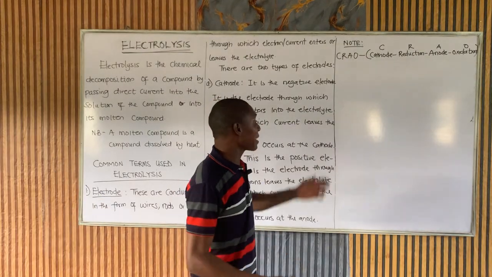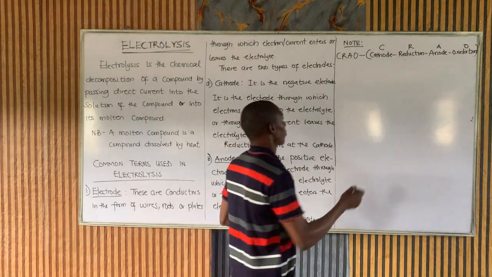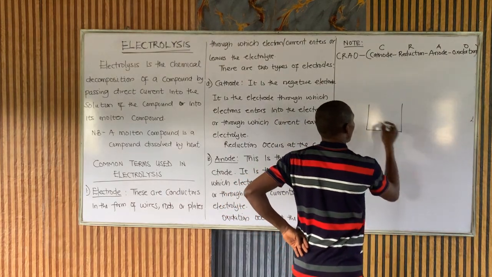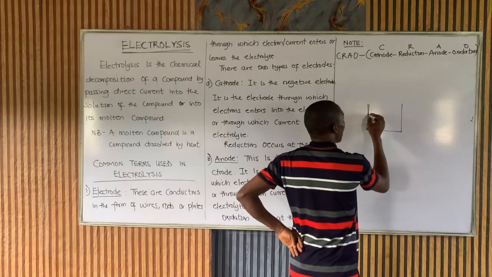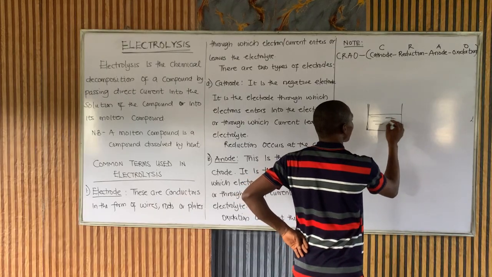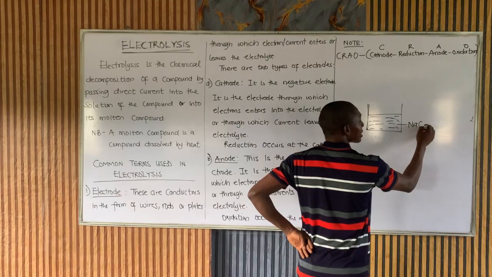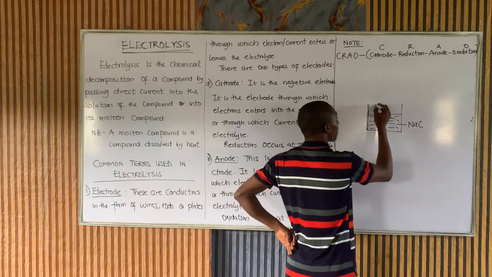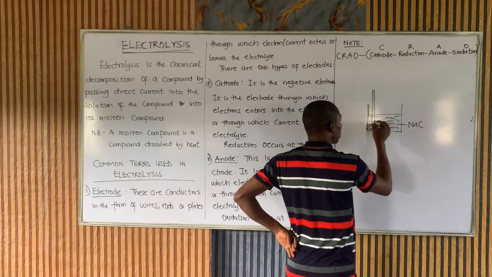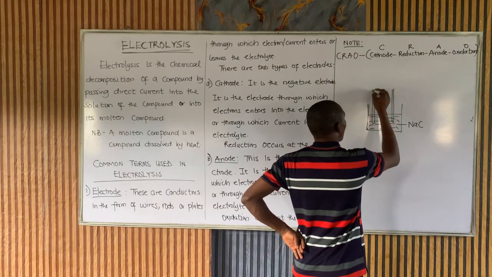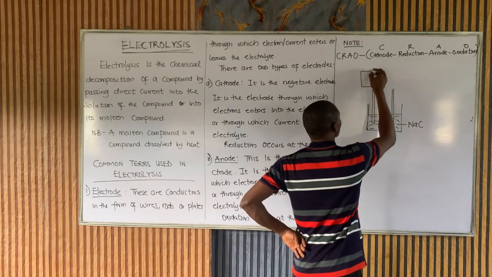You see, an experiment was done. We have a container and we place an electrolyte, a substance, let's assume sodium chloride, into this container and take conductors into it and set up this connection as shown.